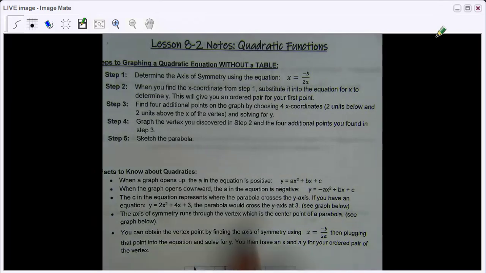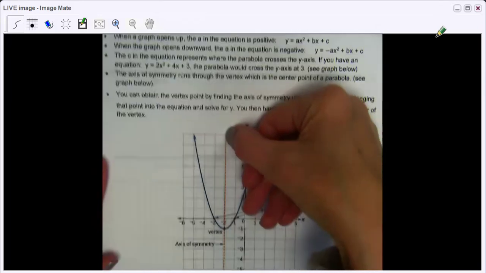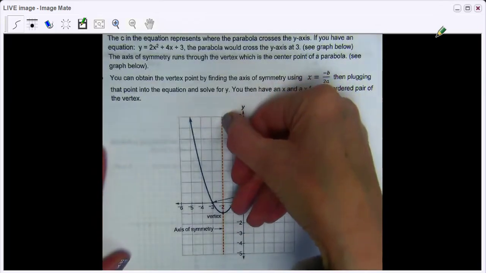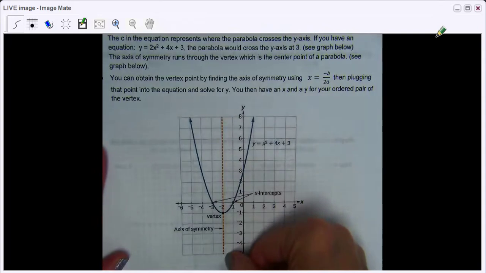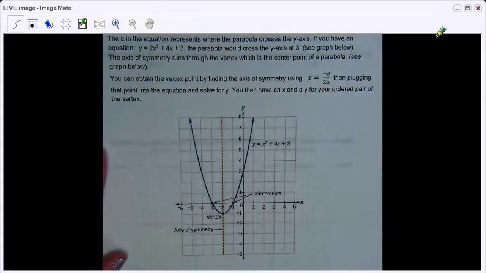Okay, so you want to find the axis of symmetry. Now, when we were studying the graphs, we learned that the axis of symmetry is the x value of the vertex. It goes right down the middle of the parabola.